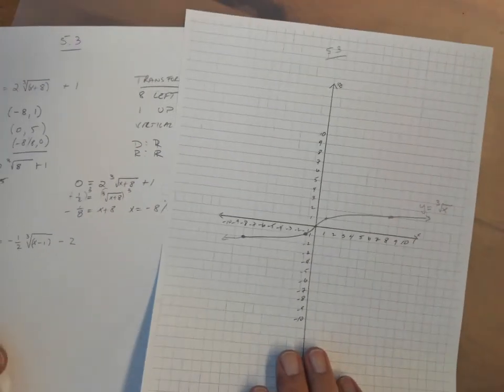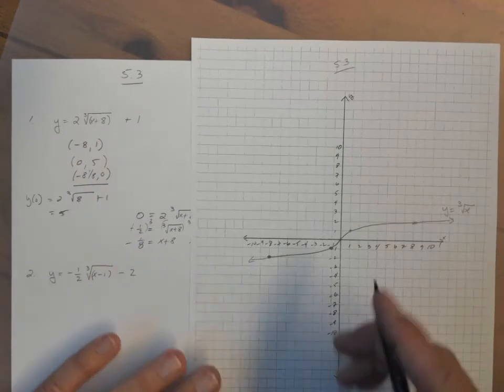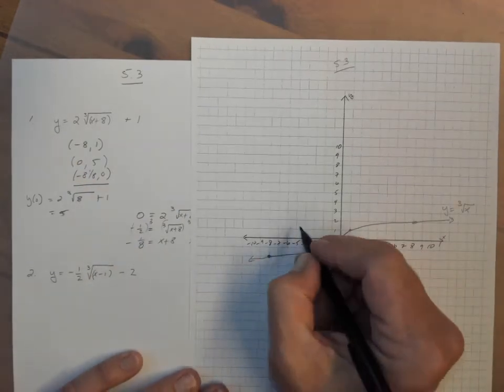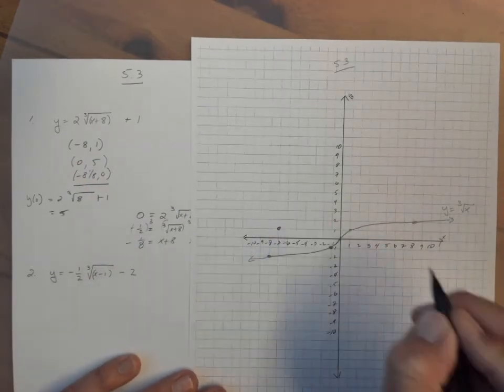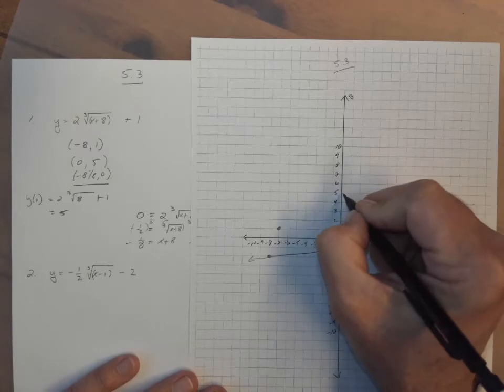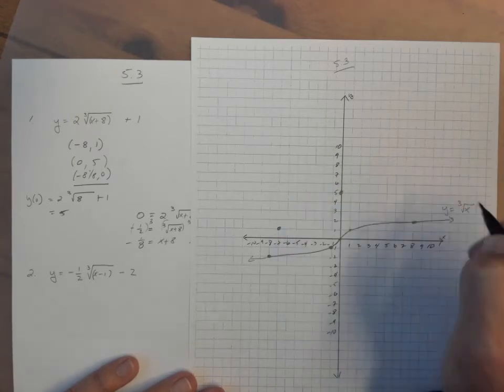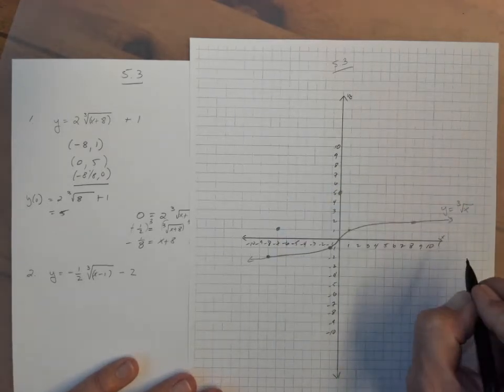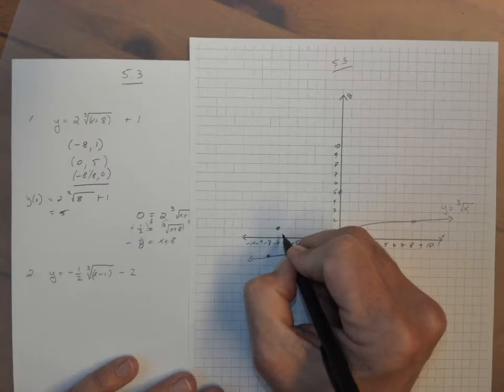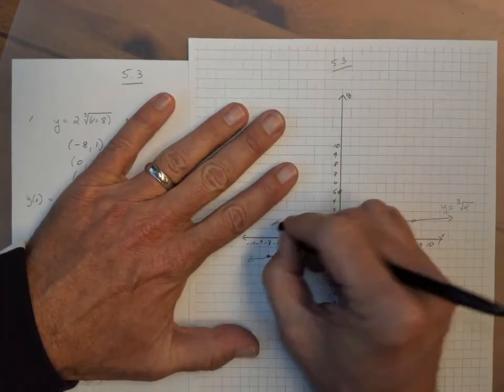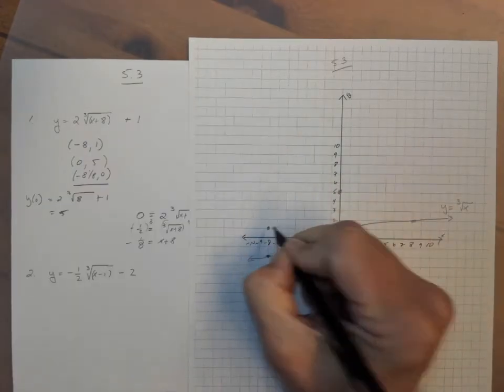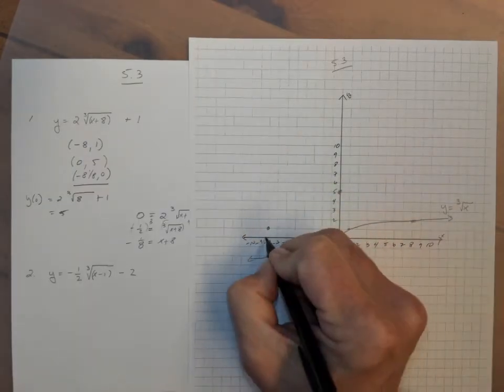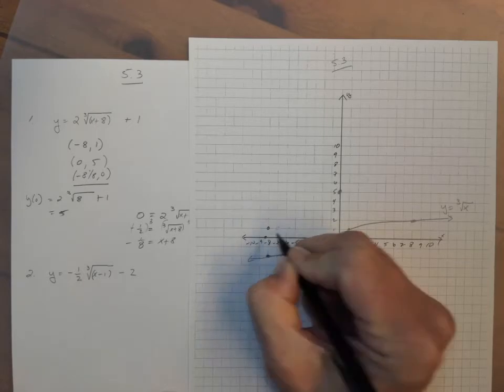Okay, so here's our points. So we have negative 8, 1. We have 0, 5. And we have negative 8, oh, I put that at negative 7. So here. And negative 8 and 1/8, 0.